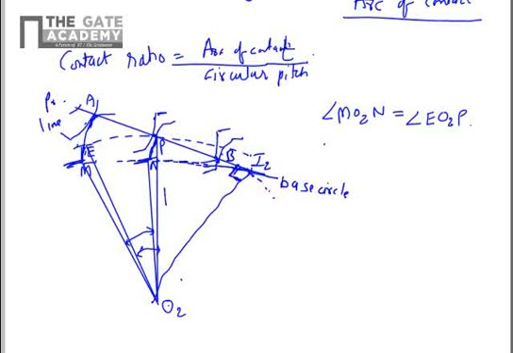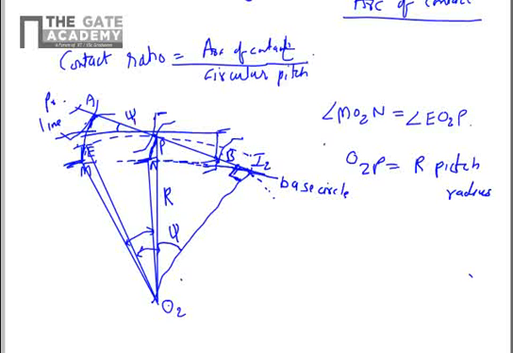So from this triangle we know that O2P is equal to R, the pitch radius, and this angle is xi, the angle between the tangent to the pitch circle and the pressure line, xi.